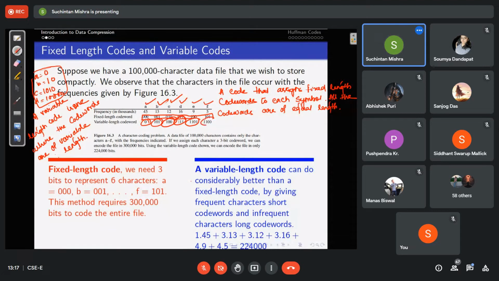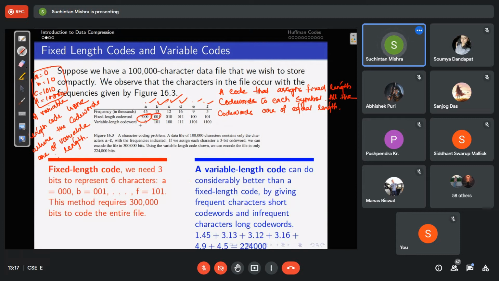Code of F changes to 4-bit. So some of the symbols have single bit, some have 3-bit, some have 4-bit code words. So the code word lengths are not fixed. But in a fixed length code, A has 3-bit, B has 3-bit, C has 3-bit, D has 3-bit, E has 3-bit, and F has 3-bit. So all the code words are fixed.